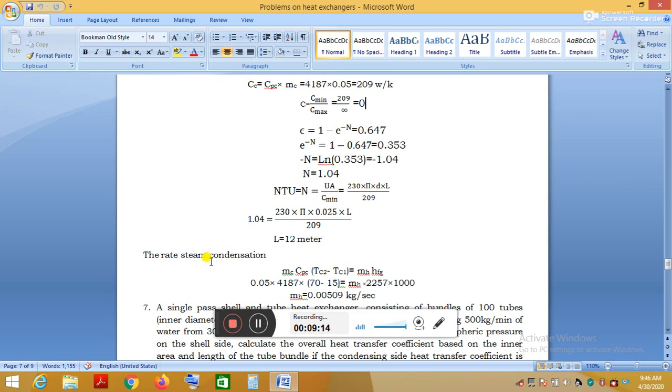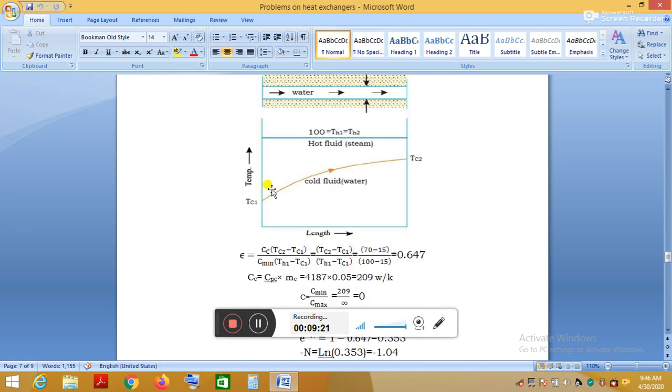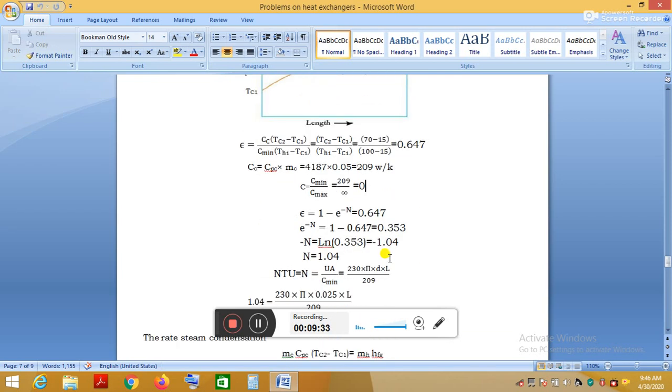Next, he asks us to find the rate of steam condensation. Here in this problem, the hot fluid is releasing its latent heat to the cold fluid, and the temperature of the cold fluid is rising from Tc1 to Tc2.